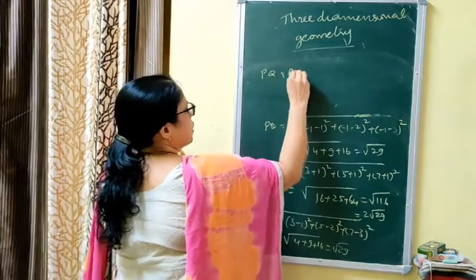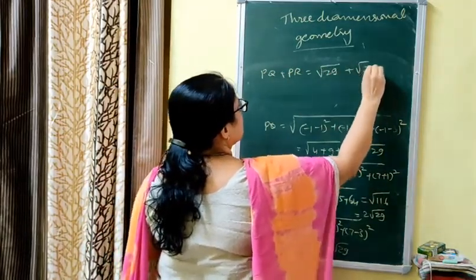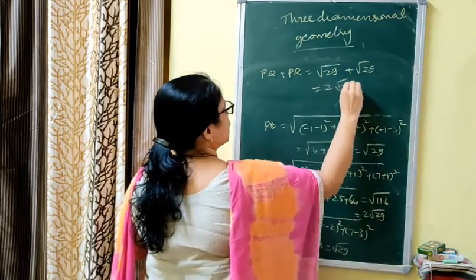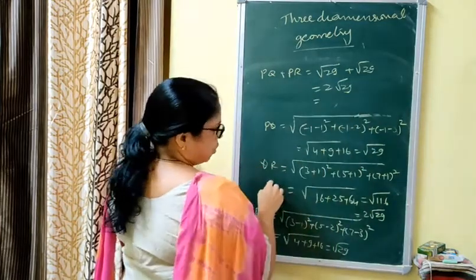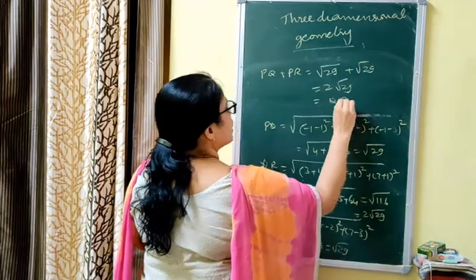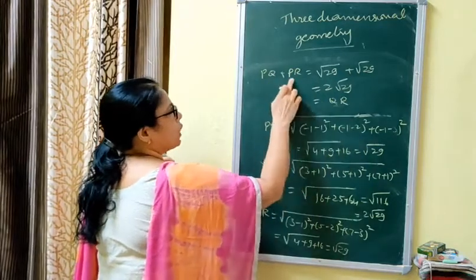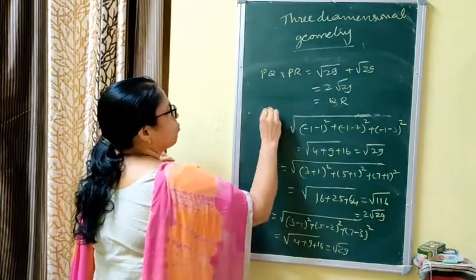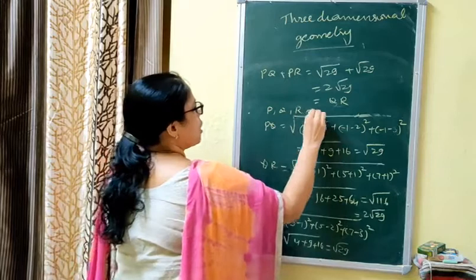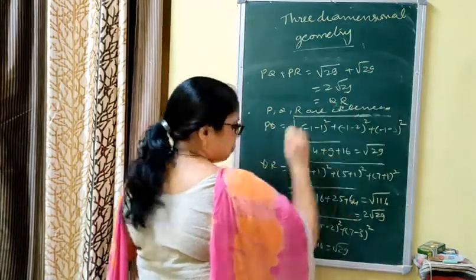PQ plus PR is equal to root 29 plus root 29, that is 2 root 29, which is equal to QR. That means PQ plus PR equals QR, the sum of two lengths equals the third length. Therefore, P, Q, R are collinear. This is a very simple question.